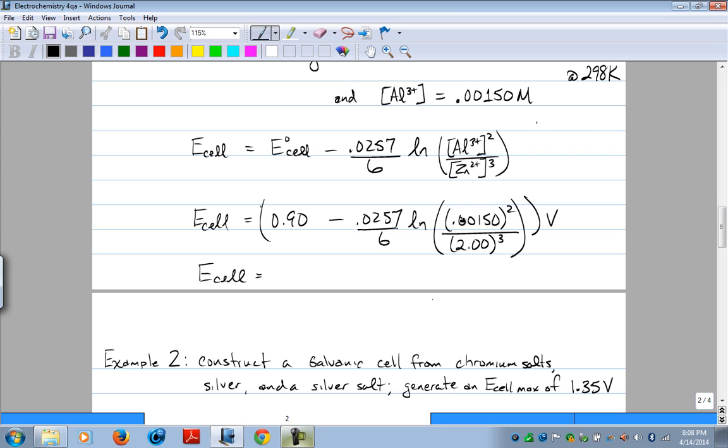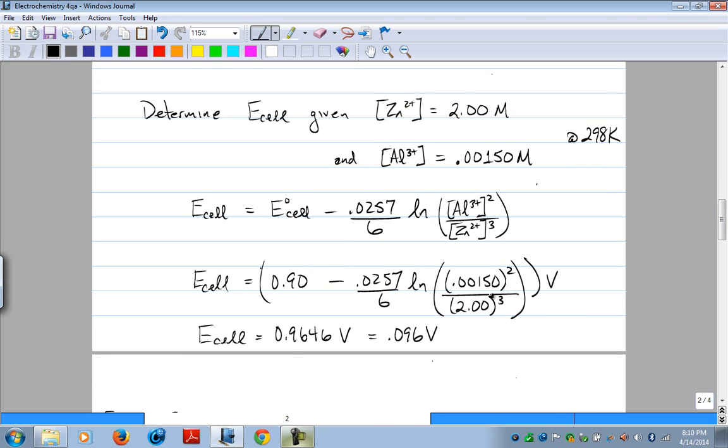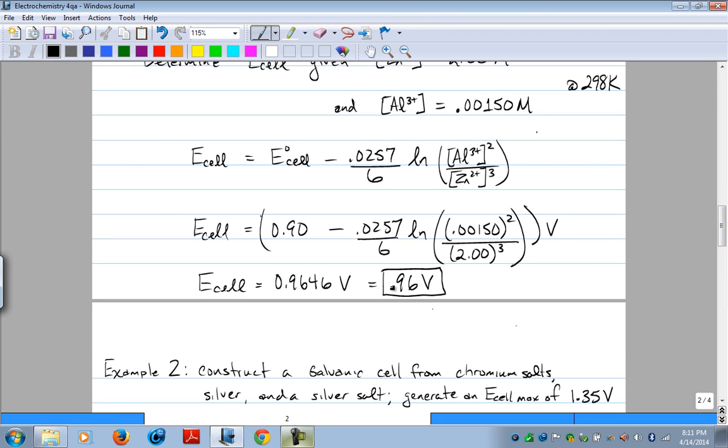These are our current initial conditions, so we plug in the numbers and we get a cell potential difference greater than 0.90. So you see, even with a 1,000-fold concentration difference, the cell potential difference goes up by about 0.06 of a volt to 0.96 volts.